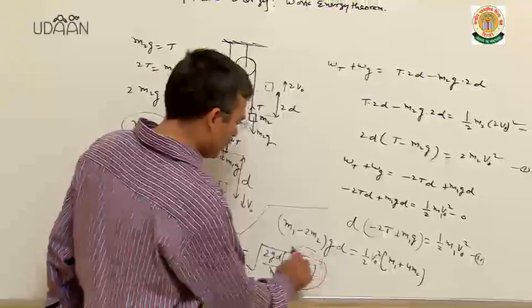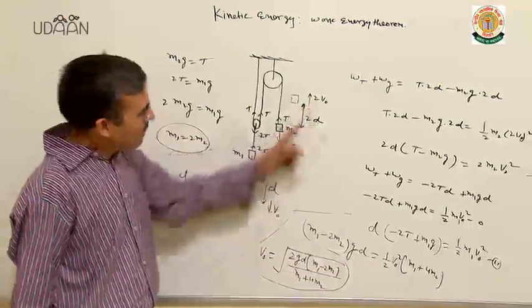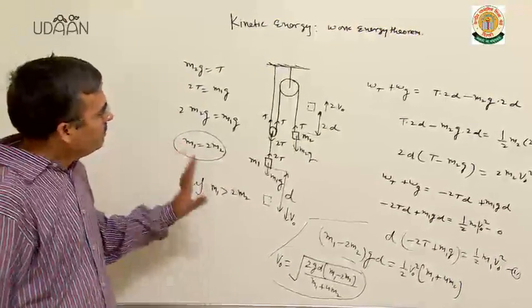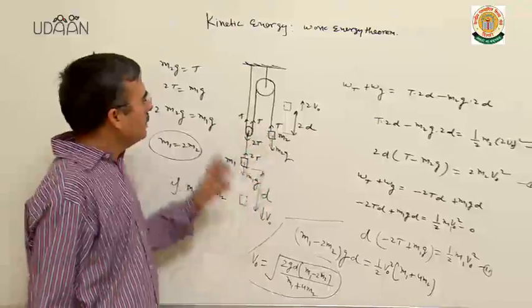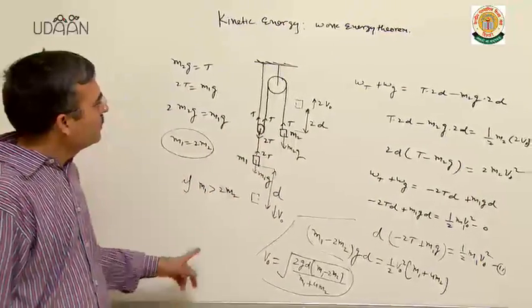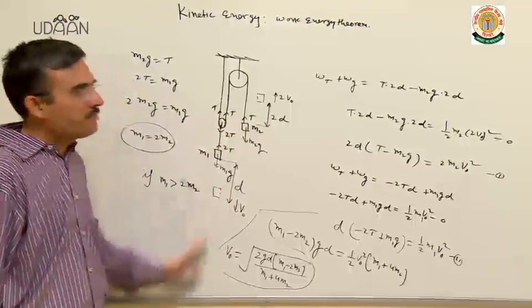Clear? It is speed of this block, इसकी speed इसकी double आएगी. So in this way, by individually applying work energy theorem, we have calculated speed of individual bodies. Clear? Okay.